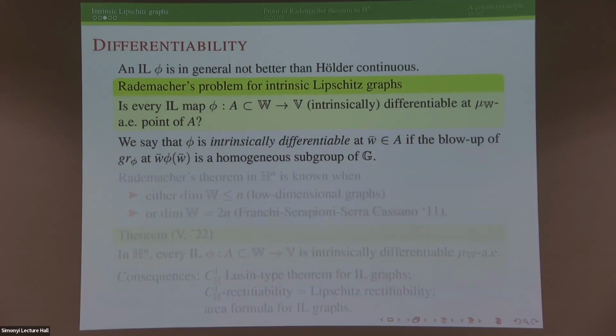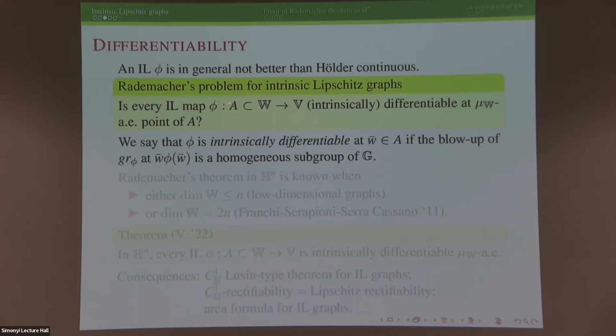Okay, so now we have a candidate notion of Lipschitz regularity for submanifolds. And one would wonder whether there are any good regularity properties for such graphs. Let me first say that an intrinsic Lipschitz map generally is not better than Hölder continuous, from a Euclidean viewpoint. One nonetheless hopes that there is some intrinsic regularity. For instance, one might wonder whether some Rademacher theorem holds in an intrinsic sense.